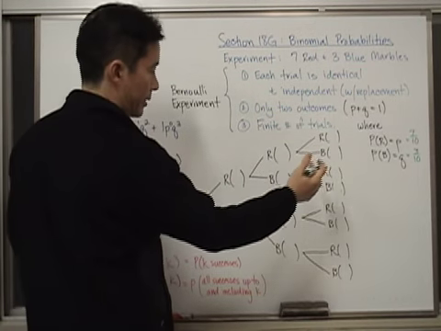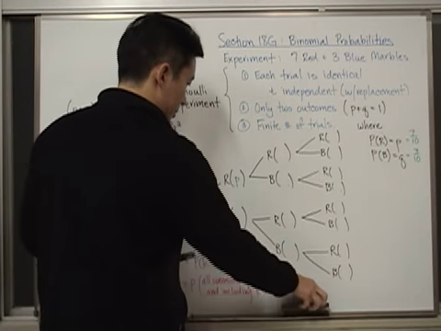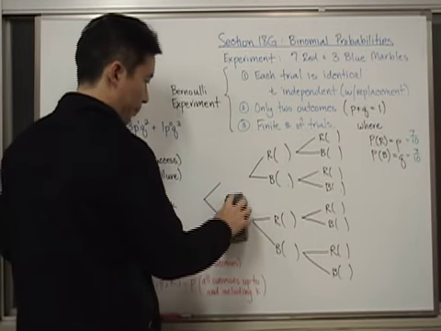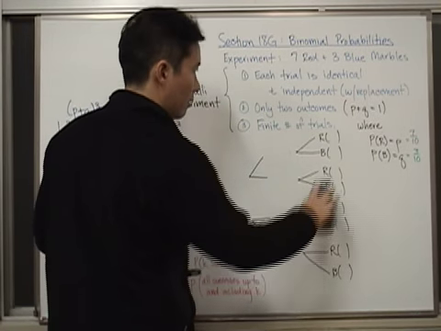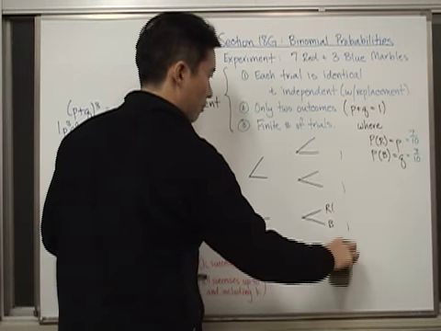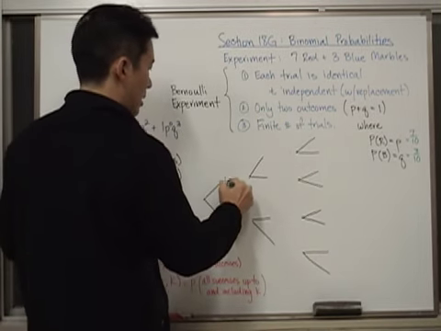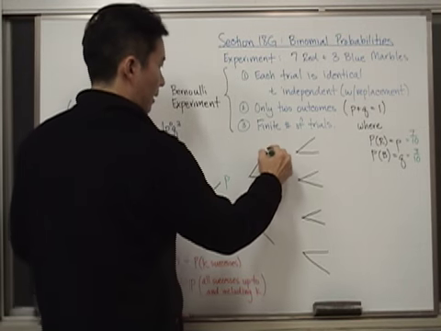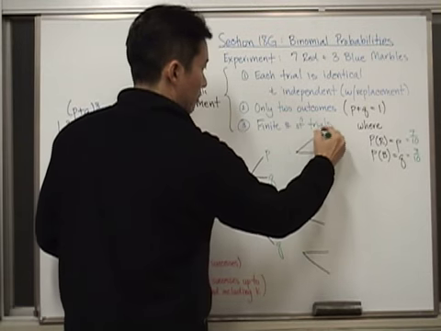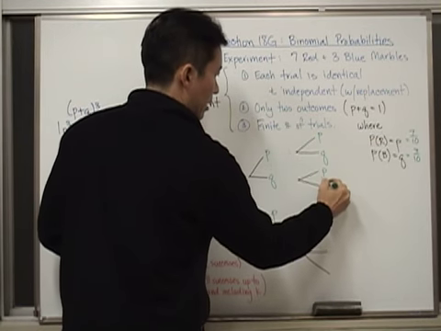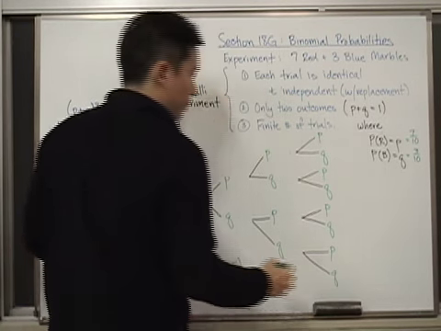All the probabilities of red, of course, are P. So here's P and Q. Here's P, Q, P, Q, P, Q, P, Q, P, Q, P, and Q.